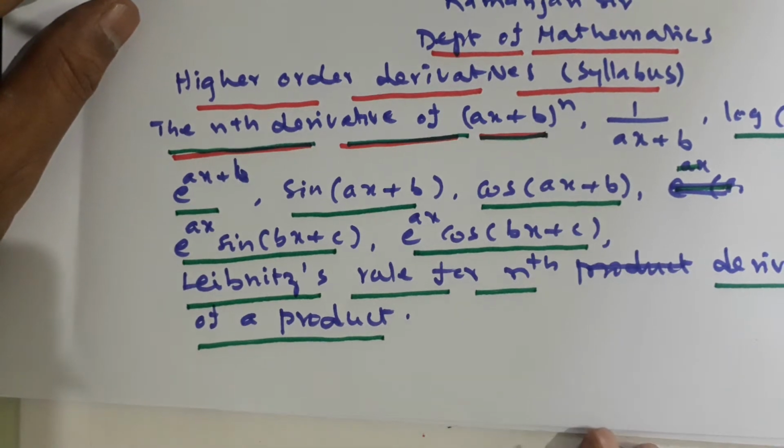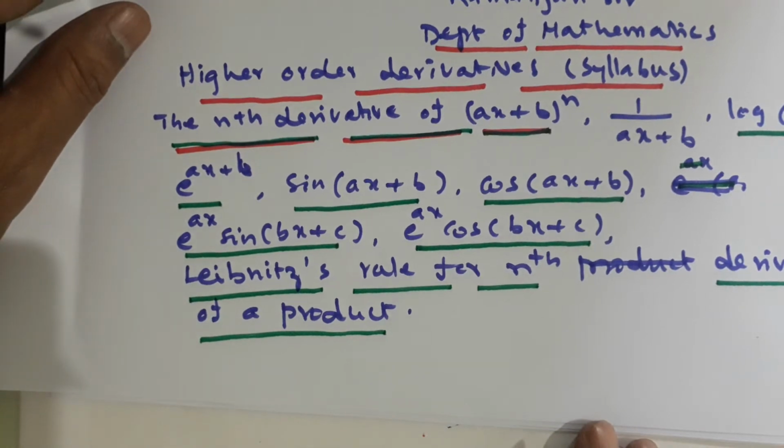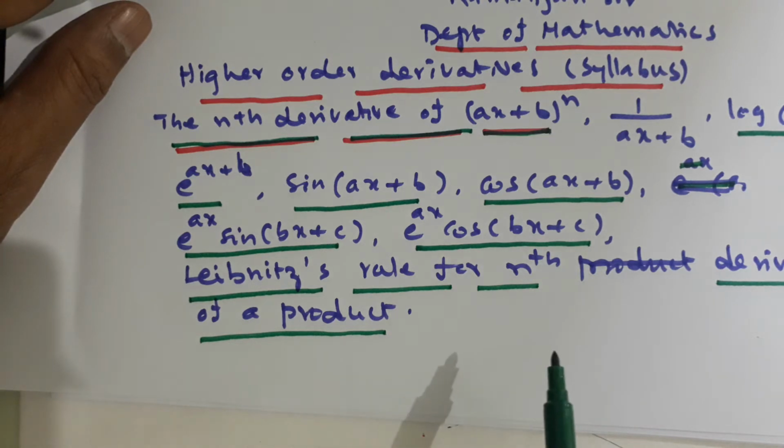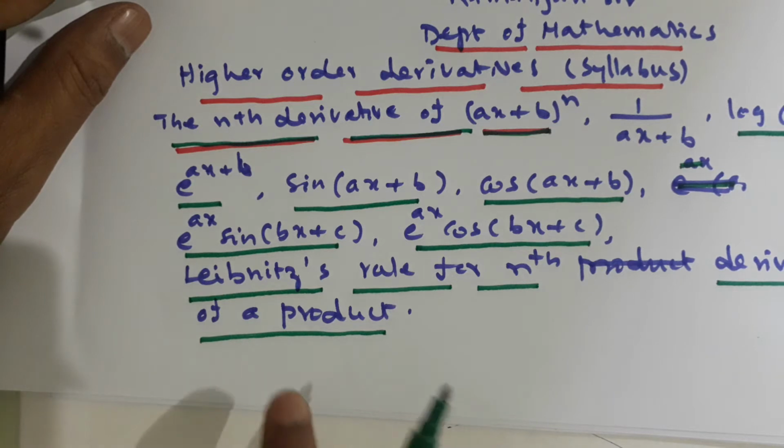D by dx means always the first derivative. That you know in lower classes. Even the second order we can do easily. But sometimes the difficulty is there, so we go for the Leibniz rule for the nth derivative of a product of two functions. First derivative you know already; second derivative, third derivative and higher order derivatives must be found through the Leibniz rule, that we will see.